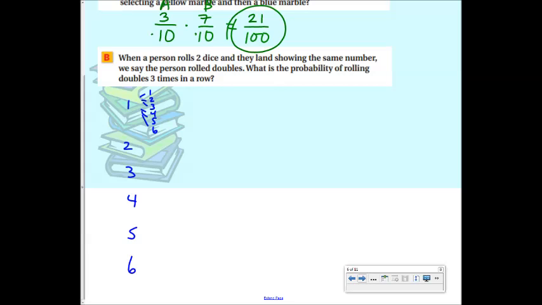1, 1. Then I would get 1, 2. Good. Does this mean 12? No, what does it mean? 1 and 2. You rolled 1 and then you rolled a 2. So hang on one second. So what's my next option? I want to do my sample space first. 2, 1, 2, 2.